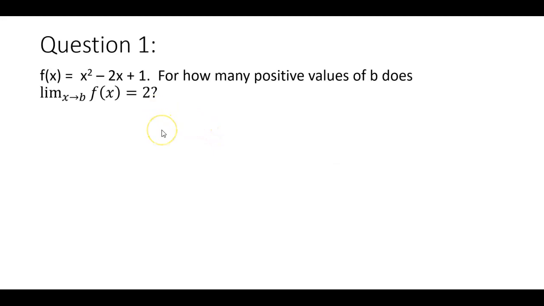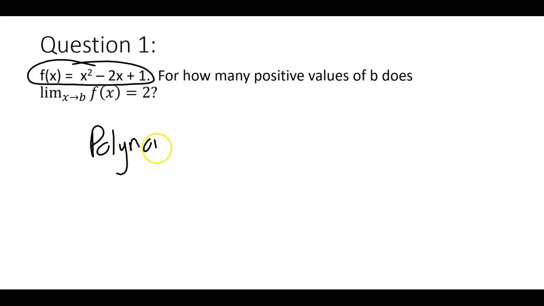Let's go ahead and take a look at question number 1. We are given a function here. And it says, for how many positive values of b does the limit of this function exist at 2? All right, so first thing you want to notice here is that this function is a polynomial. And what's interesting about polynomials is that they are continuous.